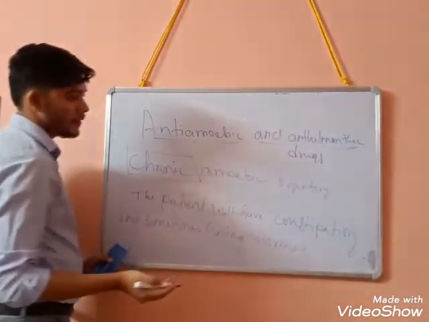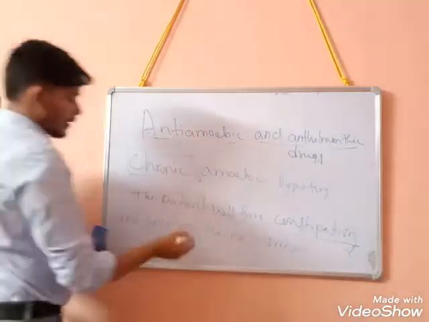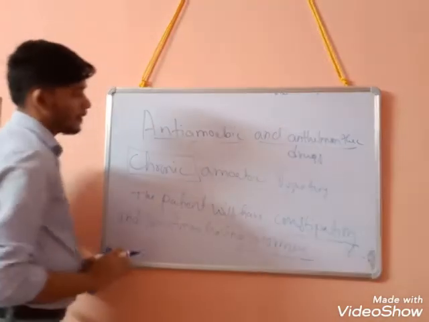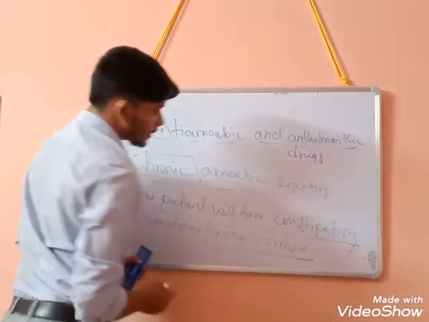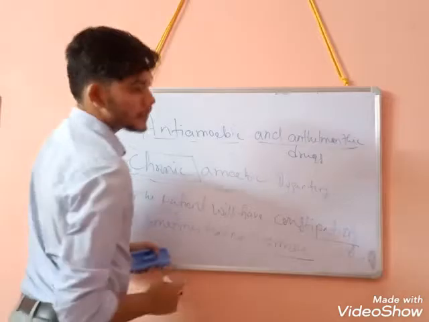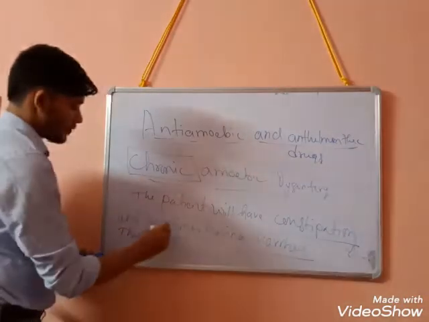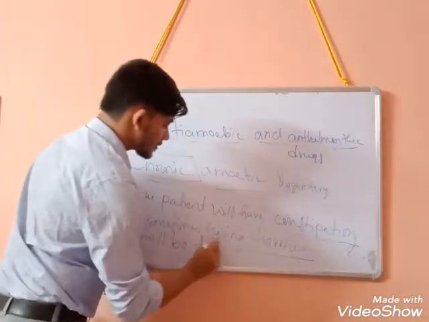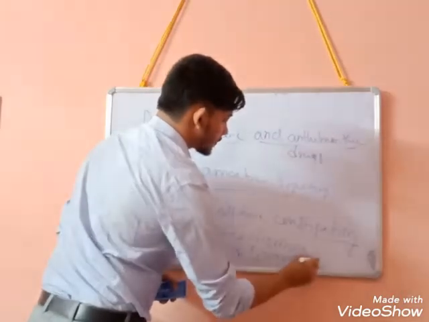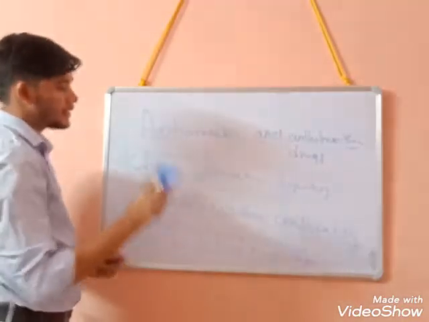The same patient will alternately feel constipation some days and have diarrhea on other days. That is the indication for chronic amoebic dysentery. Blood or mucus may or may not be there, and there will be dull pain, that is little pain in the lower abdomen.